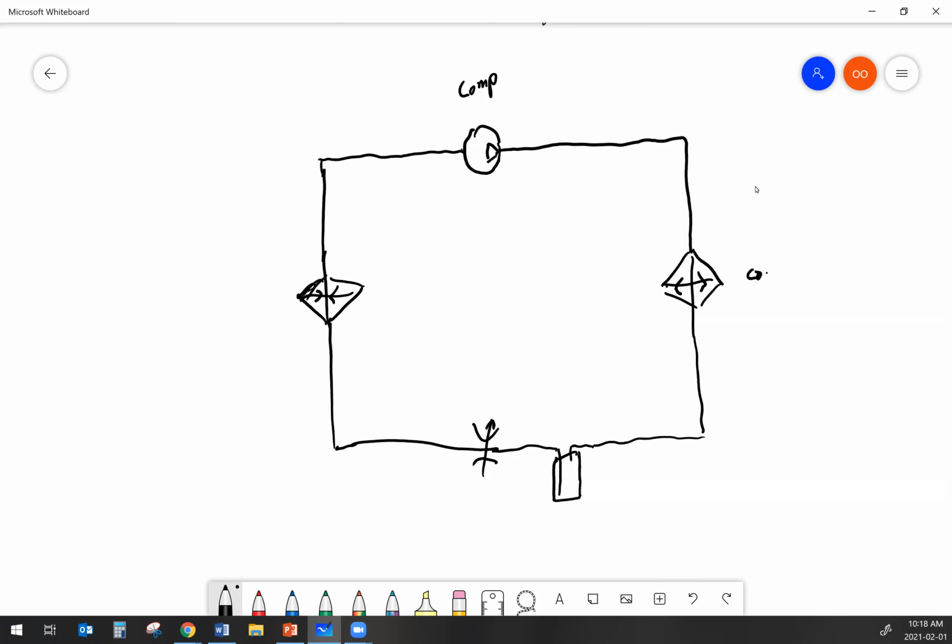Compressor, condenser, evaporator, thermal expansion valve, receiver dryer. With a system like this, we can divide it up into 4 quadrants.